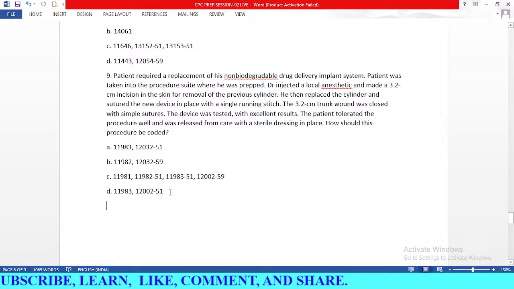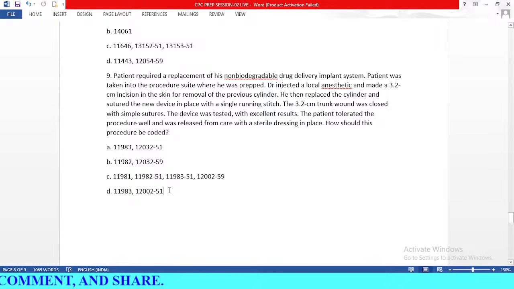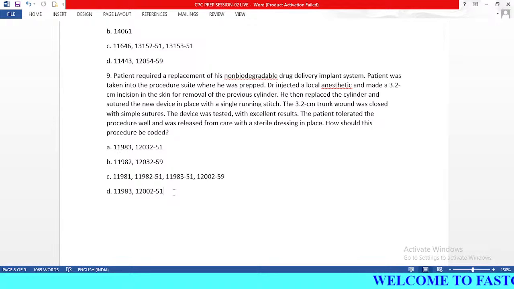See Vinaya, here modifier 51 is for procedures performed in the same location. That's why we have used the 51 modifier. Same location, 51 modifier; different location, 59 modifier. Yeah, that's why 51 modifier.